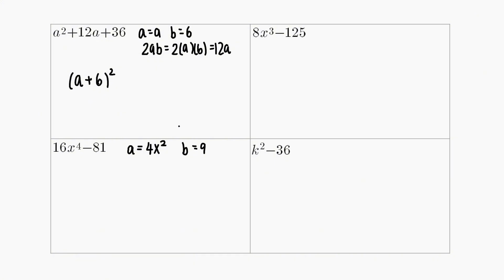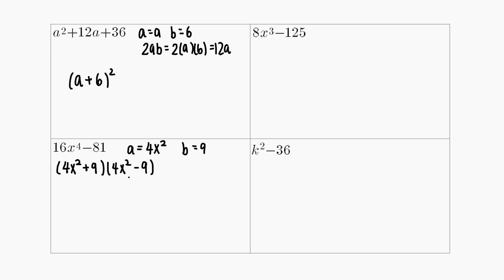So, knowing that, we can simplify this to 4x squared plus 9 and 4x squared minus 9. But are we done? If you look at this side, 4x squared plus 9, that is the sum of two squares. So we know we're done on this side.